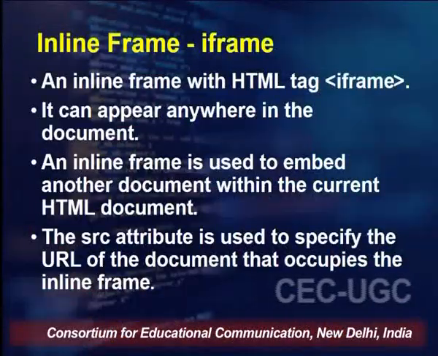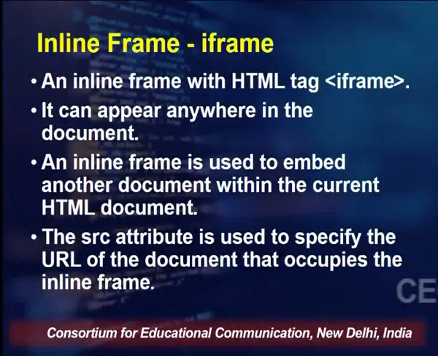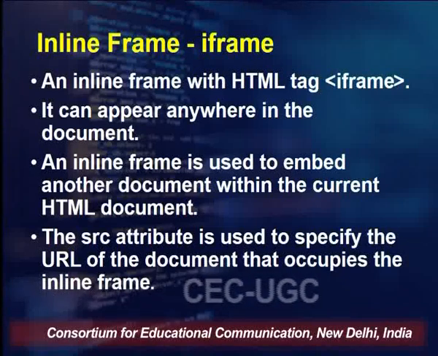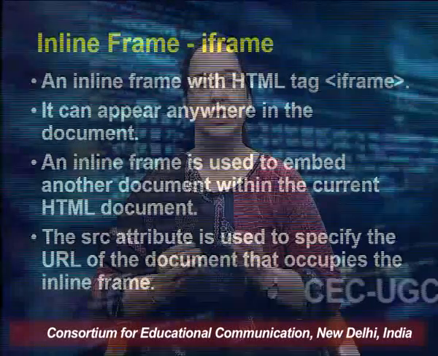It is very closely related to the normal frames and framesets. An inline frame is basically used to embed another document within the current HTML document. We have a source attribute, which is used to specify the URL of the document that will be displayed inside that inline frame.